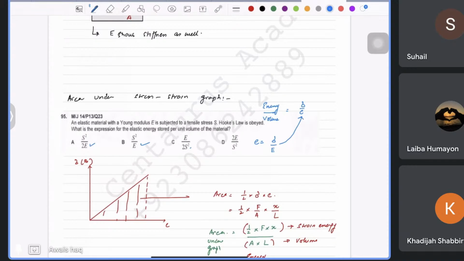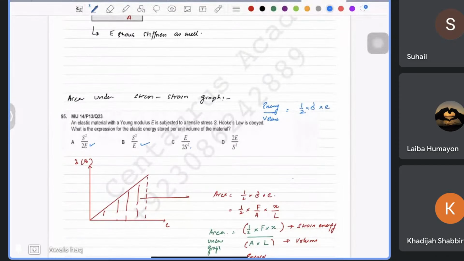They have taken stress as S, so we'll take it as... Wait a second. Yes, Sultana. That should not be correct. It should be half stress into strain.